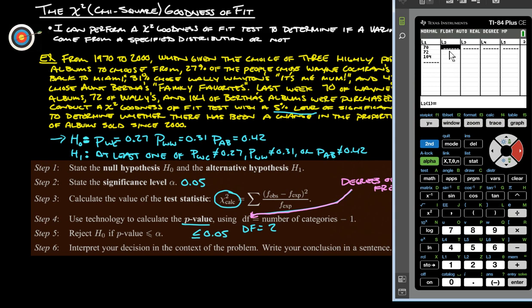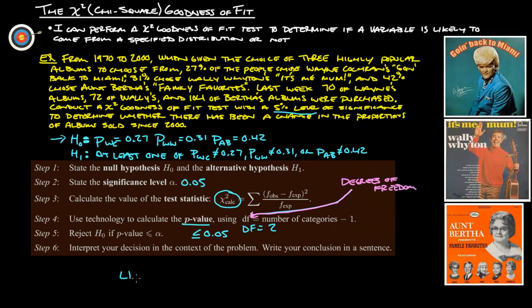So list 2 is going to be the expected value. Let's write that down so we know. List 1 is observed, and L2 is going to be expected. That's what we should expect to happen.